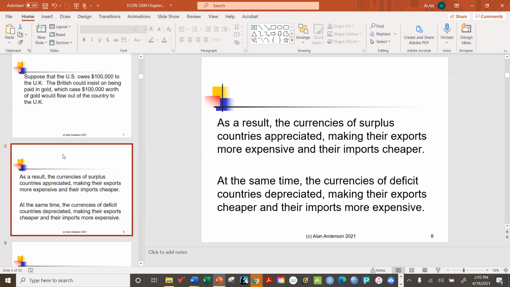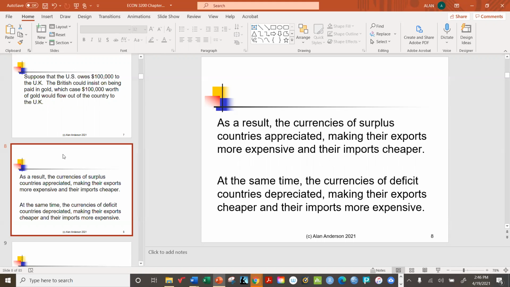Before you know it, you find yourself with fewer exports, more imports, and eventually your current account balance will fall back to zero. At the same time, with the deficit countries, their currencies are weakening, which makes their exports more attractive and imports less attractive. And so their deficit tends to disappear as well.